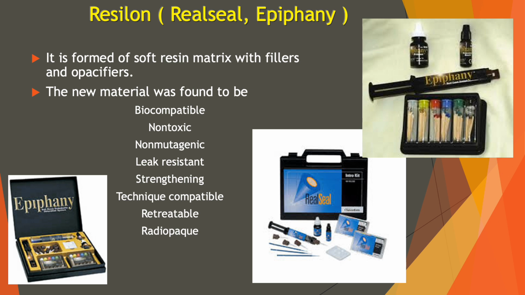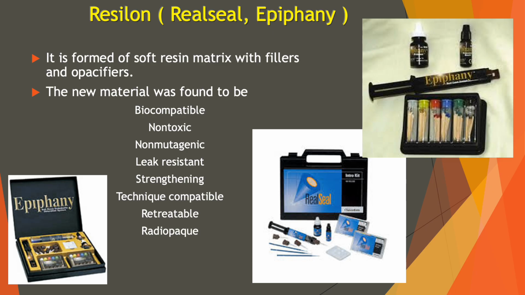This is the picture for Resilon. It's like a system. It has the same concept as the etch and bond technique in composite restoration. It's like a resin matrix. There is a sealer for it and the cones, and we make etch and bond to the root canal.